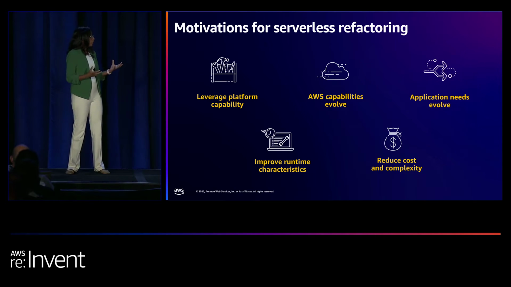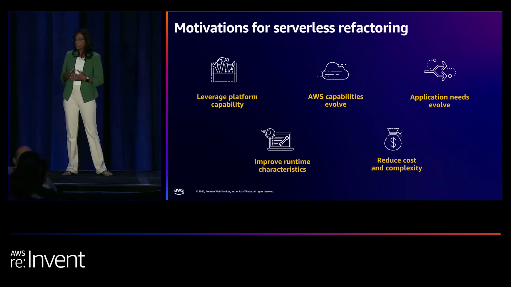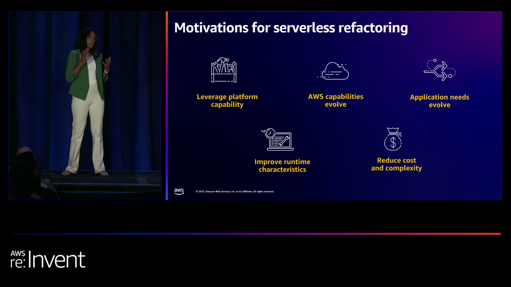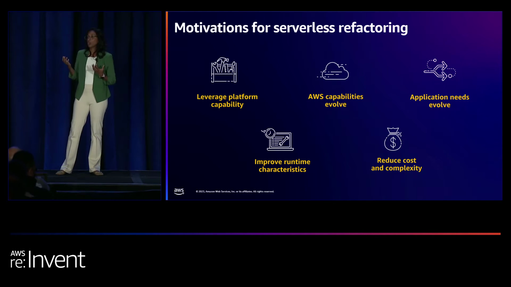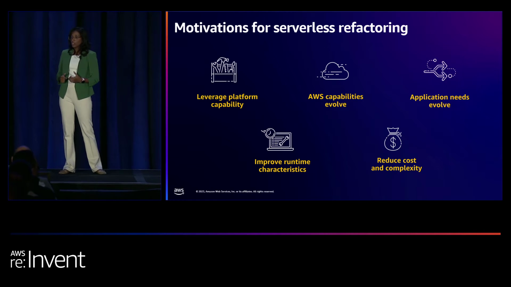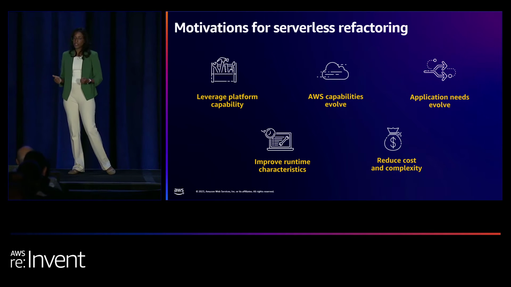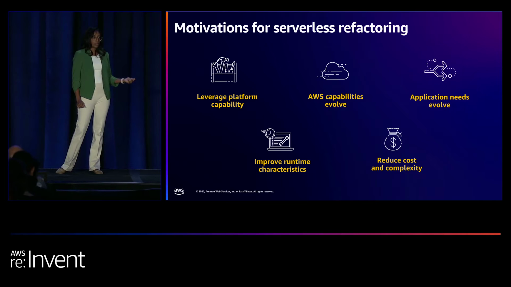Now we talked about how it can improve runtime characteristics like latency or availability or transactional integrity. Another important runtime characteristic is cost, something that we see our customers talk about all the time. So if you can remove a Lambda and replace that with an existing service integration, you can save the cost of that Lambda invocation.